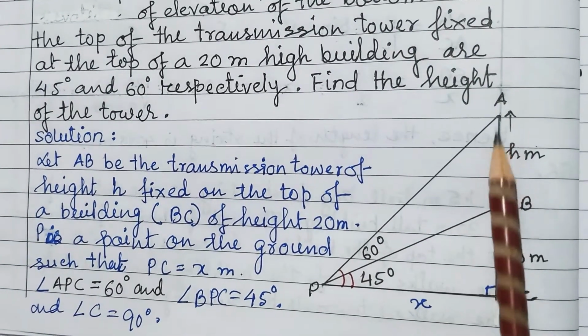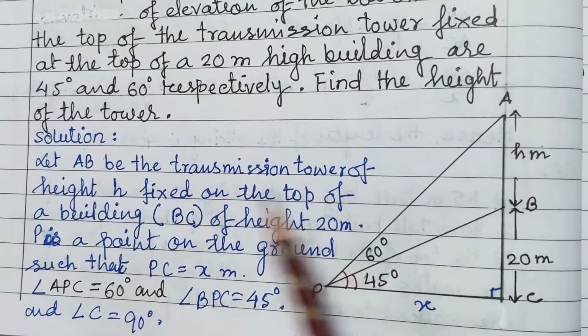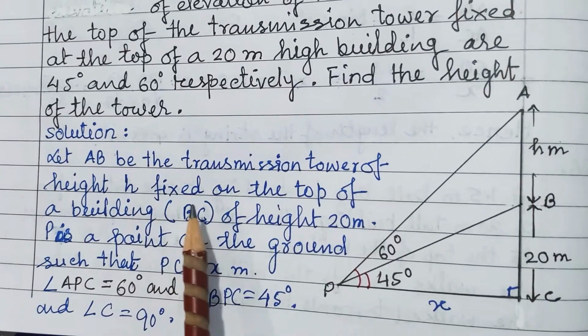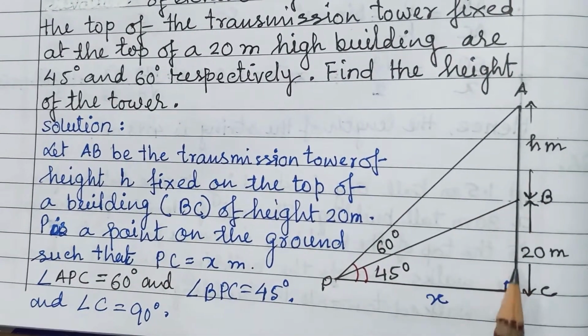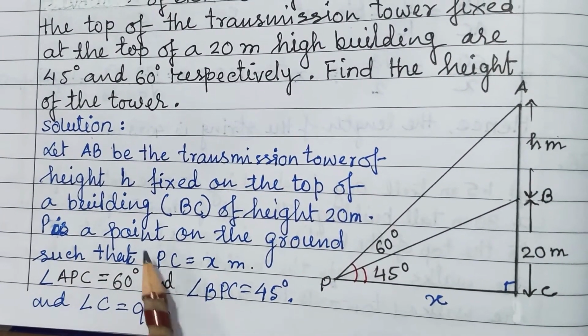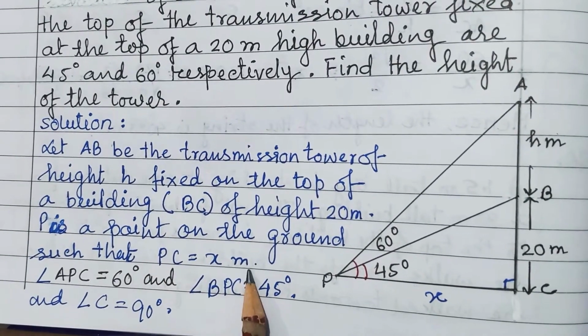Check it: AB is the transmission tower of height h fixed on the top of the building BC. The building BC is of height 20 meters. P is a point on the ground such that PC is equal to x meters.